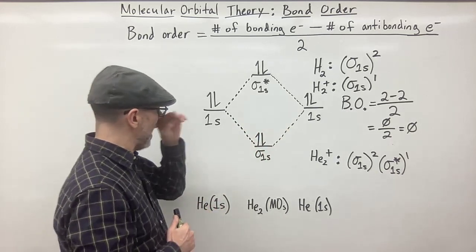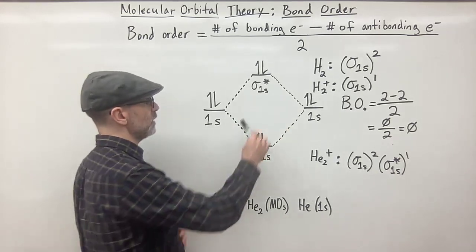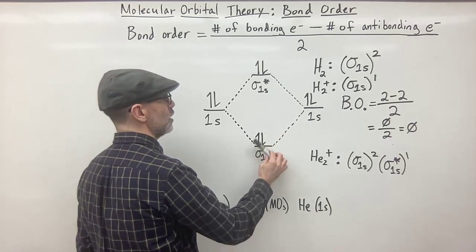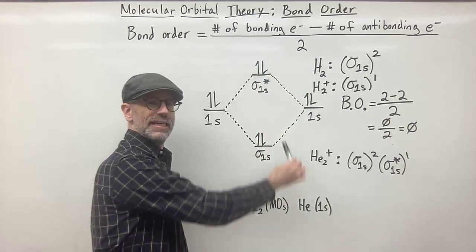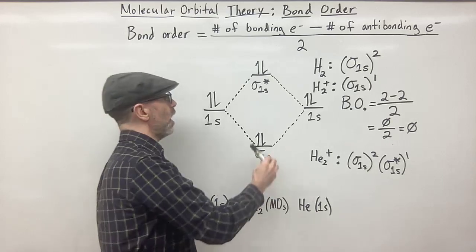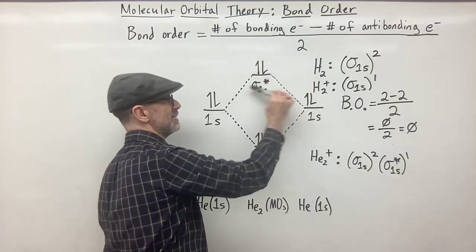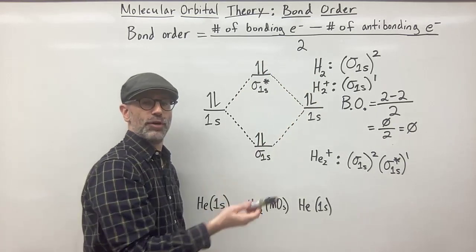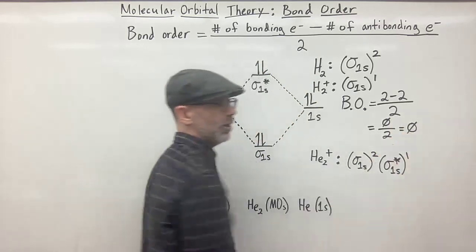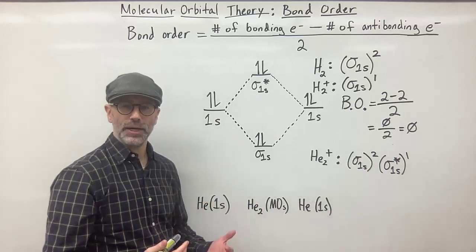And so, as you can see here, the two electrons here are canceled out. The stabilizing effect of the two electrons in this molecular orbital is canceled out by the destabilizing effect of the two electrons here, therefore giving you a zero bond order, or in other words, no bond.